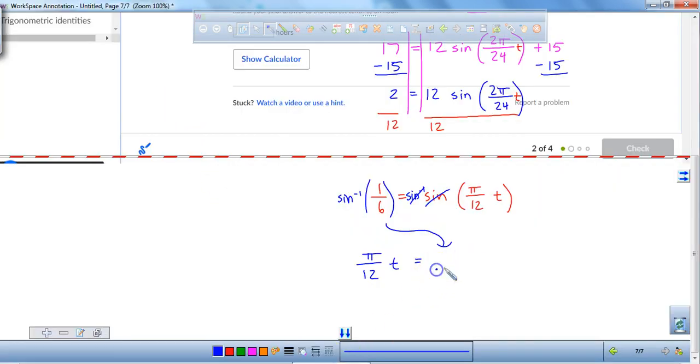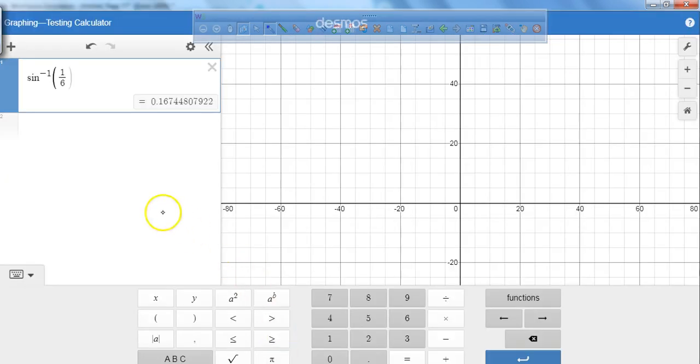Then, to solve for t, what we're going to do to both sides is multiply both sides by the inverse, which is 12 over pi. And we are going to get an approximate value, so let's do that in our calculator.